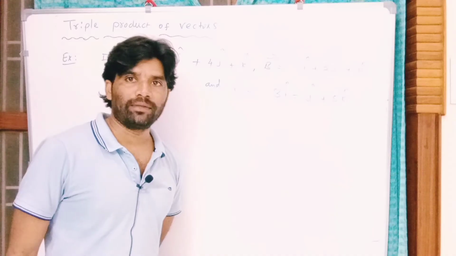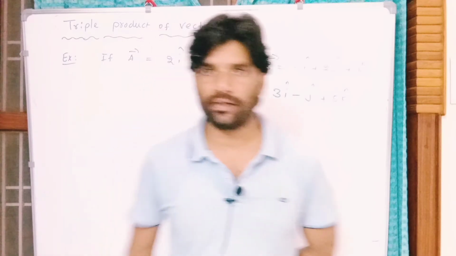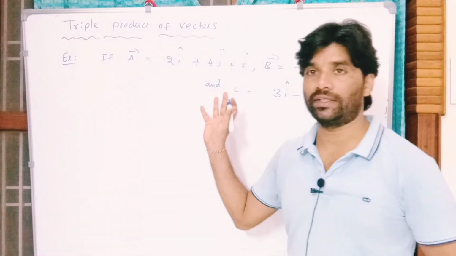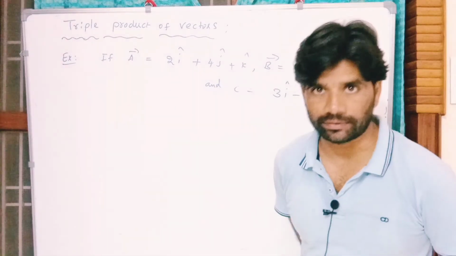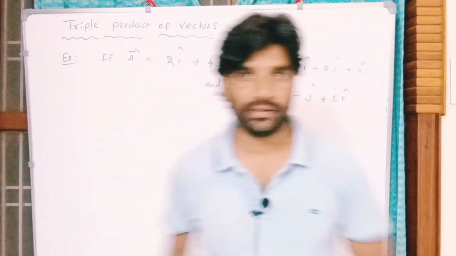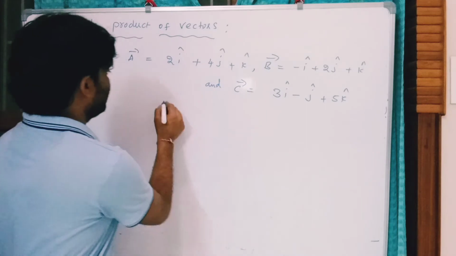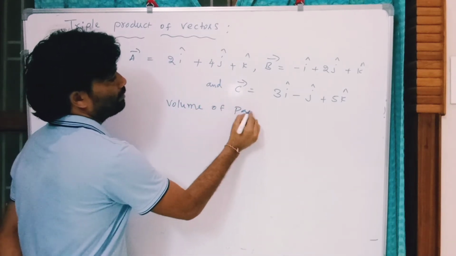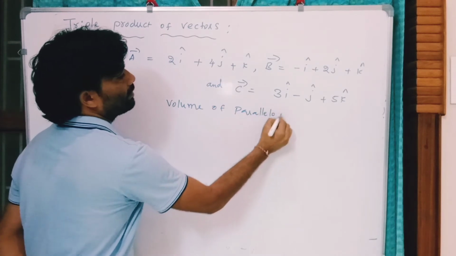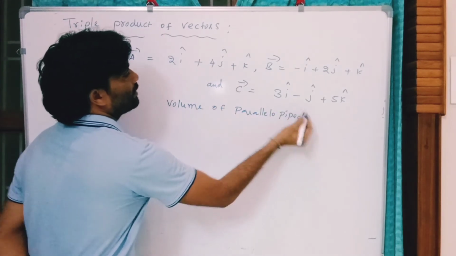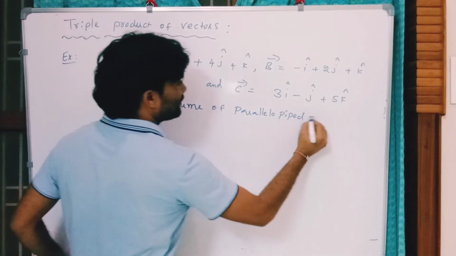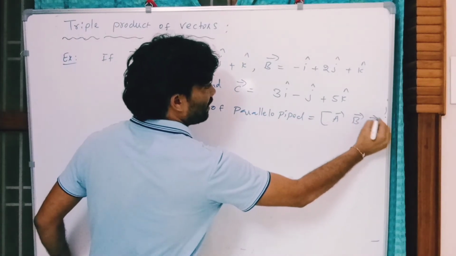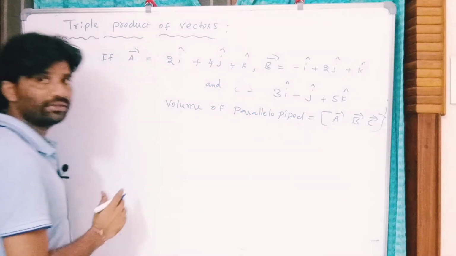Now one example problem based on scalar triple product. These are the vectors. If these vectors represent adjacent sides of a parallelopiped, find the volume of the parallelopiped. So the volume of the parallelopiped is given by box of ABC, the scalar triple product of these three.